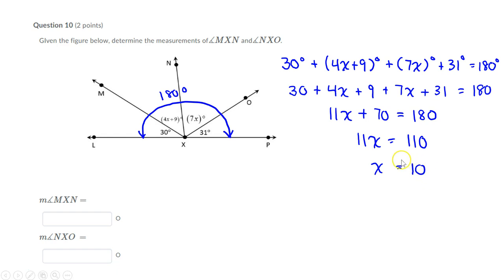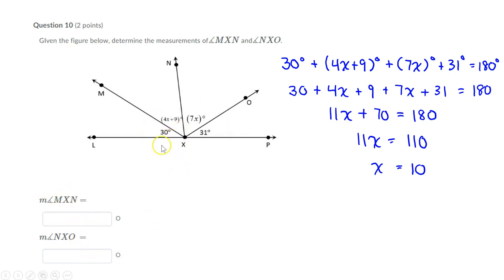Now, x equals 10, although something I need to find here, is not in any way the answer. Sometimes students will put this in for an answer because they're used to their algebra days where they get x equaling a number, and think, I'm done. But x does not represent any of the angle measurements. 7x and 4x plus 9 do. So I'm going to use this to figure out what these two are.